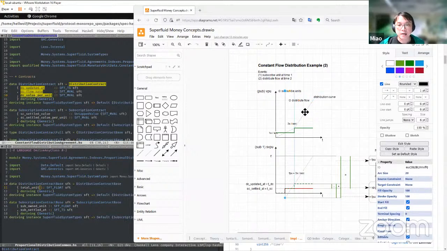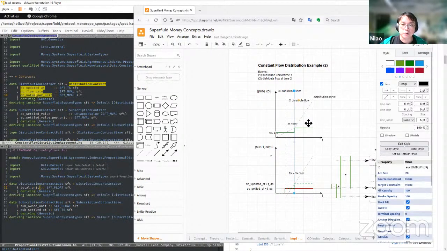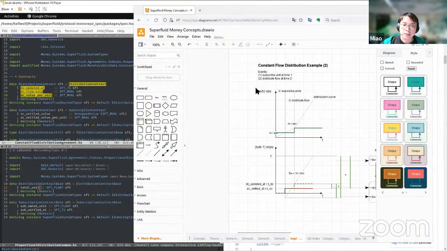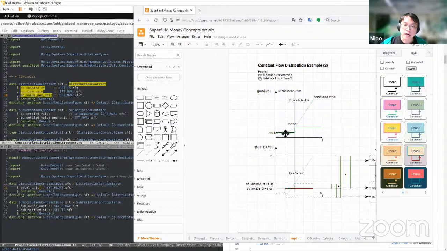The event is either a unit subscription happens or a distribution flow happens, right? So each time that happens, you move the settled value, the VPU, value per unit. You change the value, but you have to now track this. So for the publisher, the tracking is quite straightforward. You just track what is the current value.